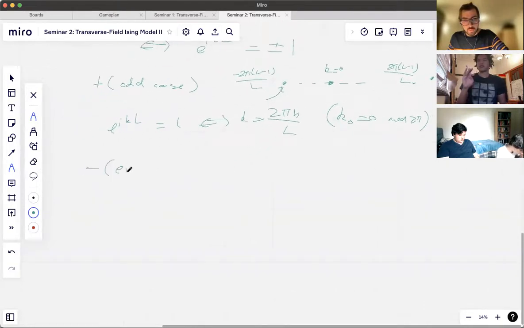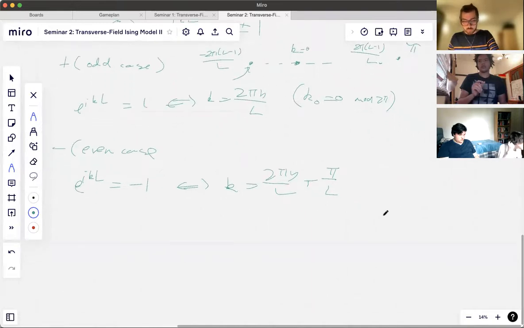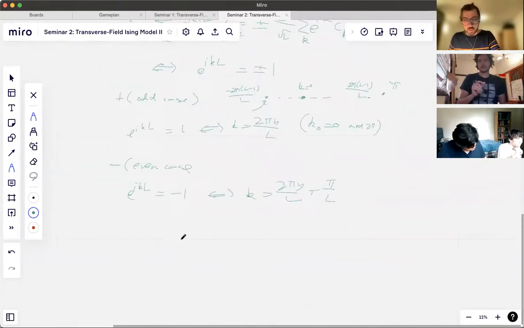And for the negative, the even case, you get e to the ikL equals negative 1, which is equivalent to k is 2 pi n on L plus pi on L. Sorry, I'll write it slightly differently.